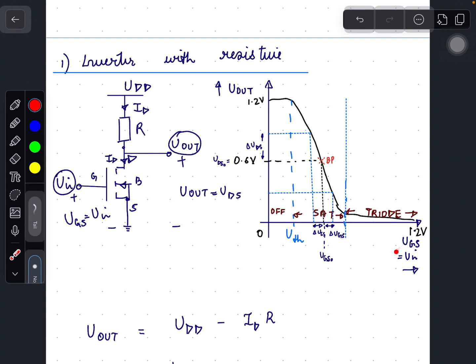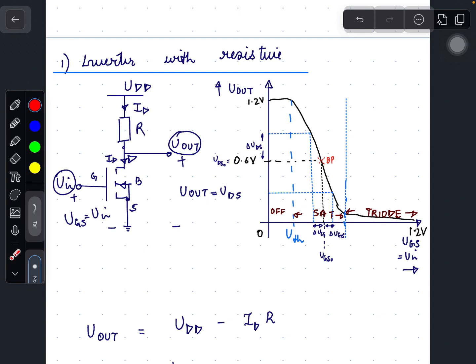So when Uin is lesser than the threshold voltage, that is UTH, the MOSFET is off, the drain current ID equals 0, therefore the output voltage will be equal to UDD. When the input voltage, that is UGS, is greater than the threshold voltage, the MOSFET starts to conduct, so there will be some drain current, and the output Uout is given by UDD minus ID times R. Here the output voltage, that is Uout, which is equal to UDS, will be greater than UGS minus UTH.